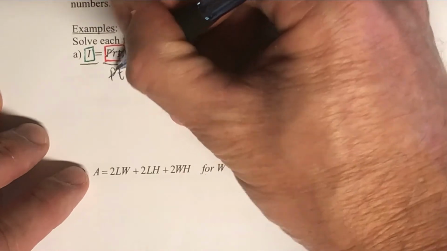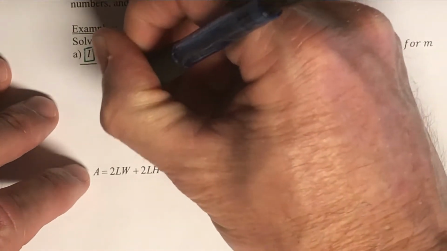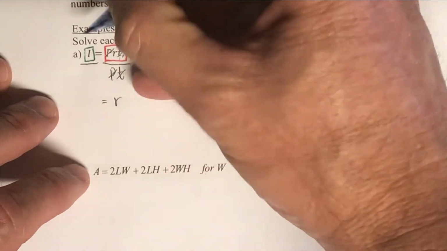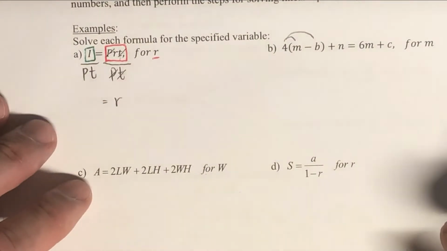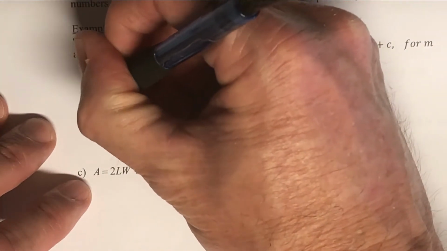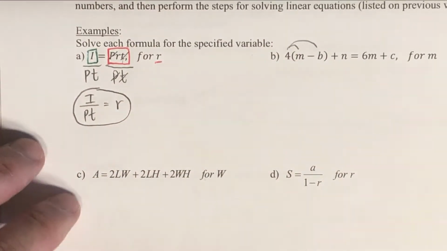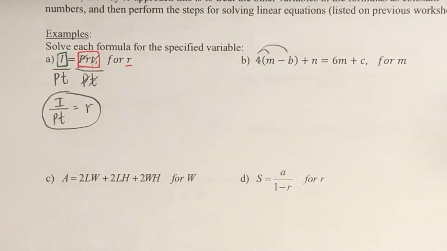Then that gets the r by itself. Now, if you divide one side by pt, then you have to divide the other side by the same thing, as always. And so we end up with I divided by pt. So that's the idea right there.